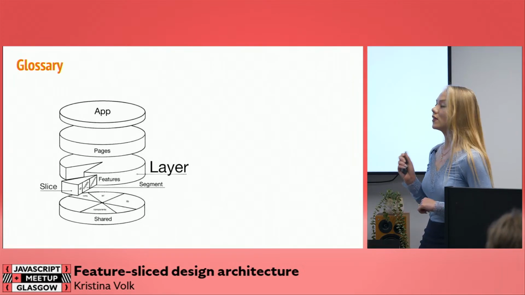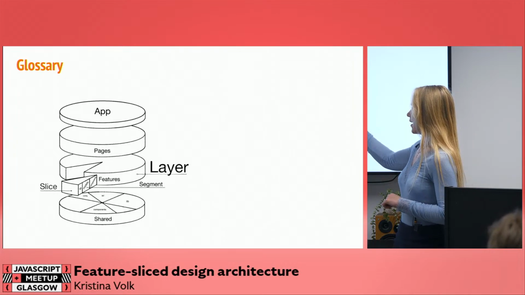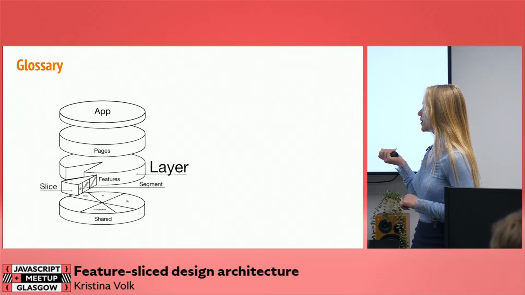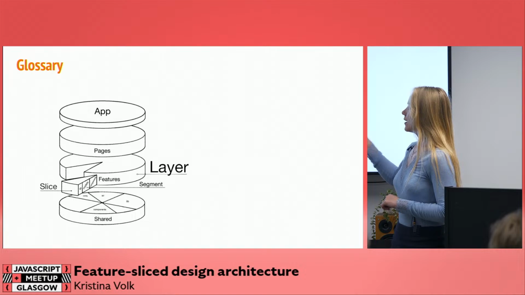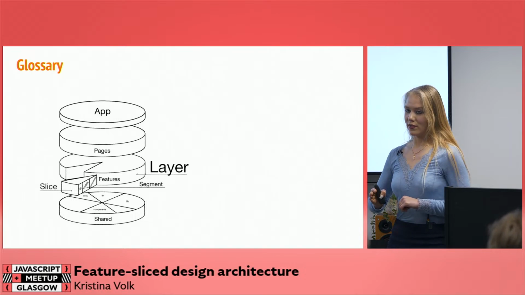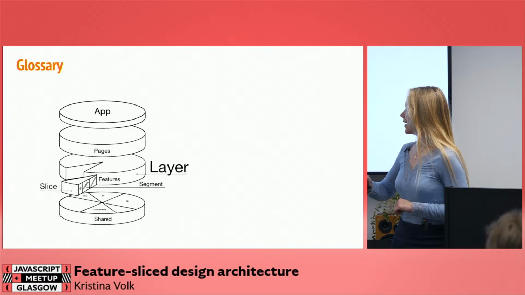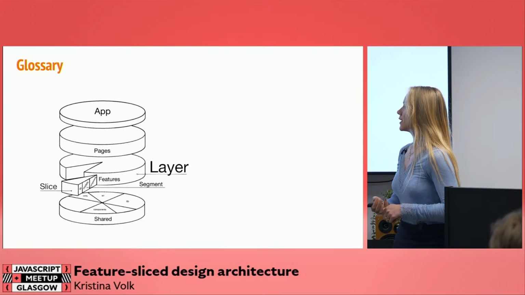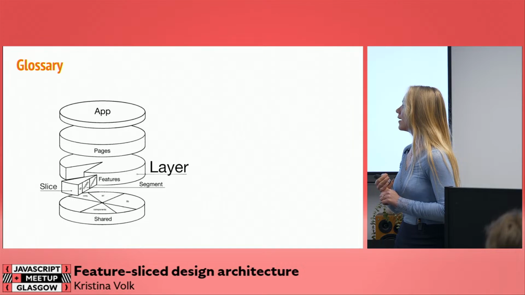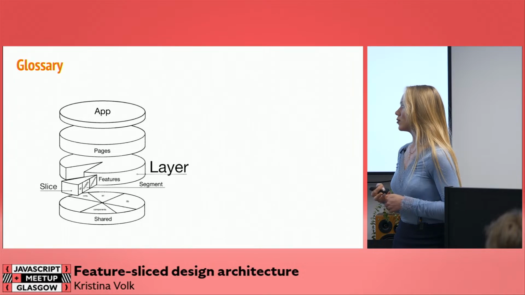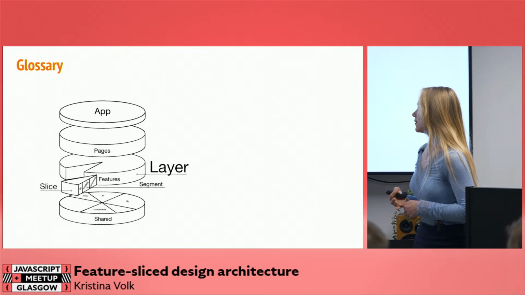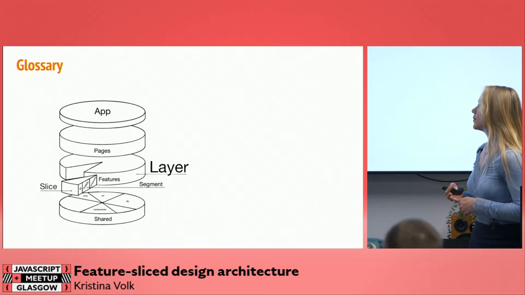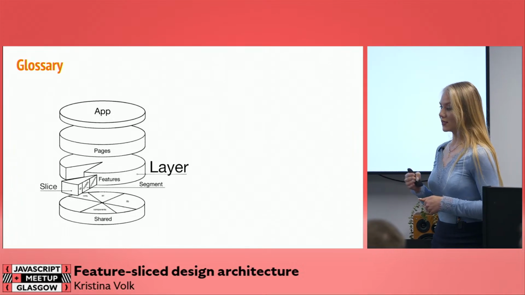So we learned that we have layers. They can be app, pages, features, shared, and some others. Then we also have a slice. This is what we get if we try to slice our layer into pieces, and one piece is a slice. This is actually our functional module, which also has its own scope of responsibility, and this scope is defined by the layer it is located in.